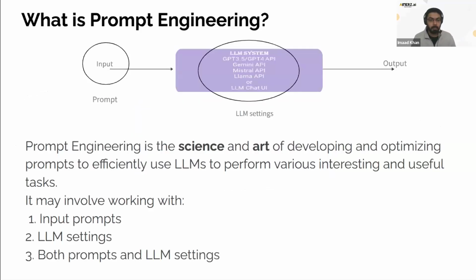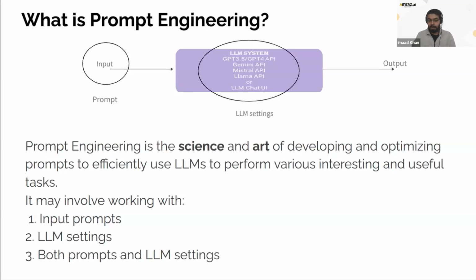So I just wanted to share that with you before we now look into a formal definition for prompt engineering. This is my attempt at defining prompt engineering. I hope someday we see this in a textbook. If somebody is an author here and is trying to find a definition for prompt engineering, here's one for you. Prompt engineering is the science and art of developing and optimizing prompts to efficiently use LLMs to perform various interesting and useful tasks.